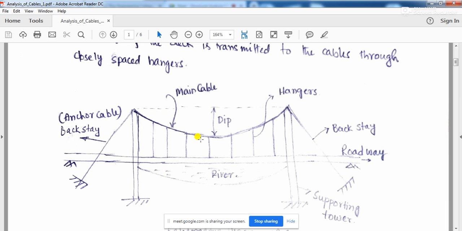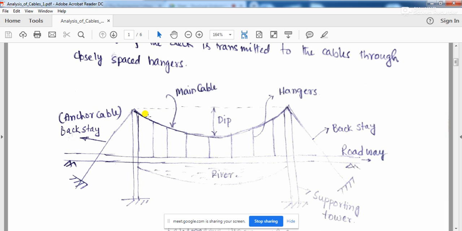When you place the hangers very closely, ideally the load from the bridge deck gets transmitted to the cable, and the load acting on the cable will be just like a uniformly distributed load. So that is what will happen in a main cable.